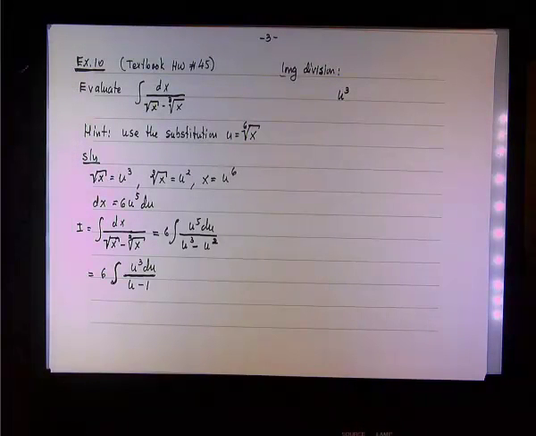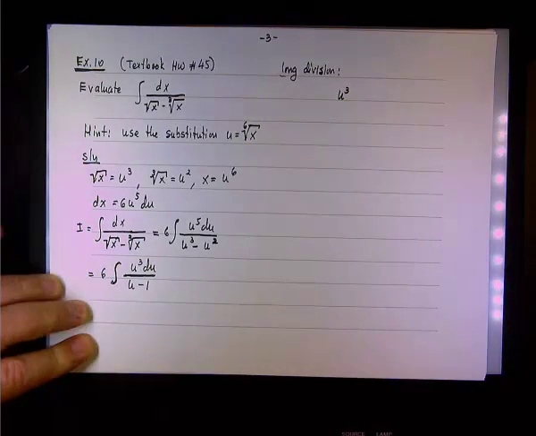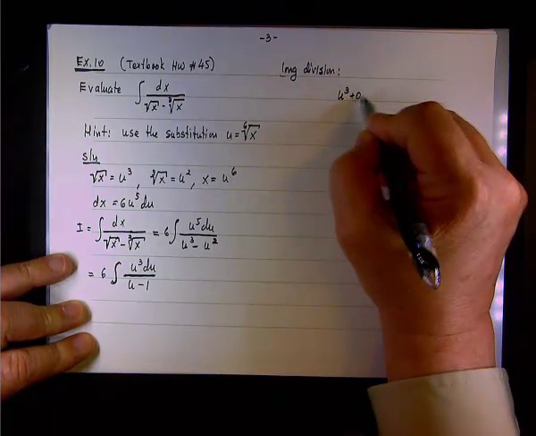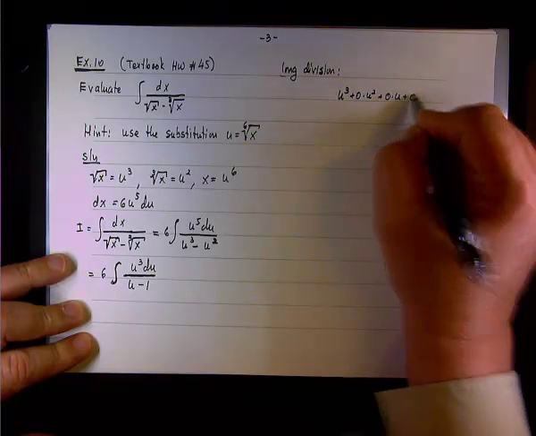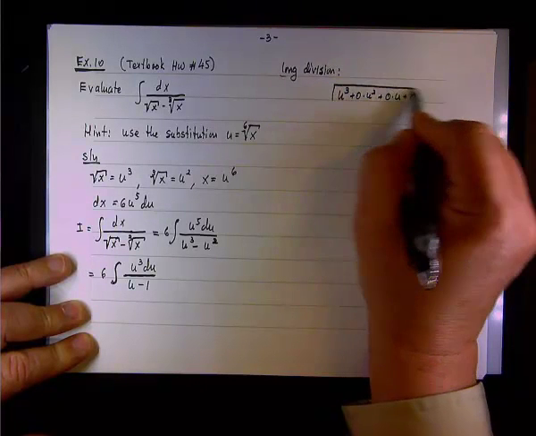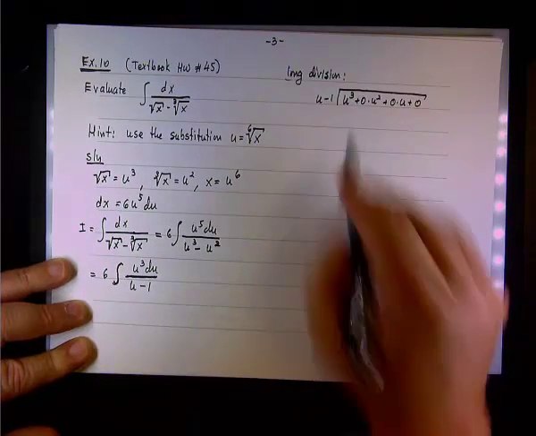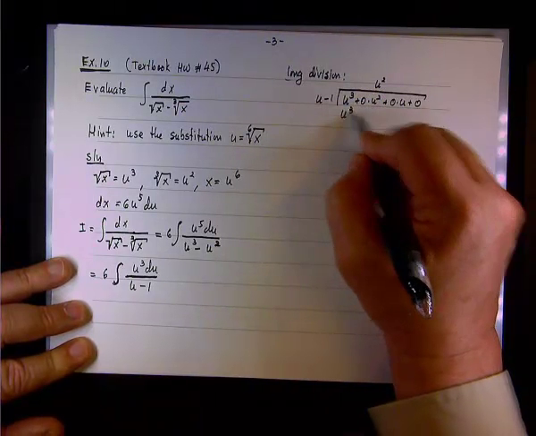We have u cubed, but we need to keep place value. We need to have something like 0 times u squared plus 0 times u plus 0. And then we divide by u minus 1.